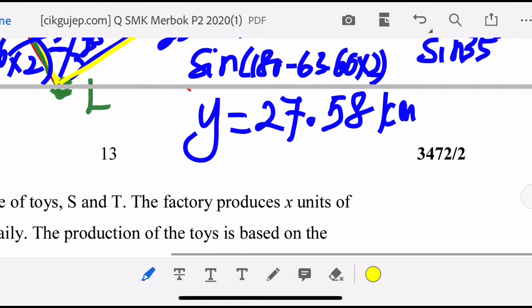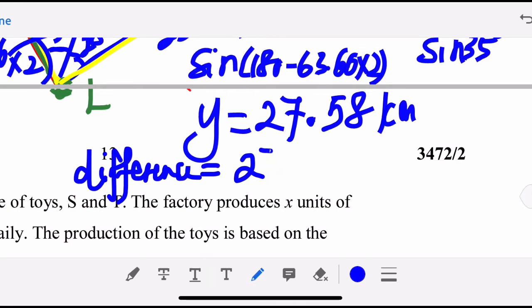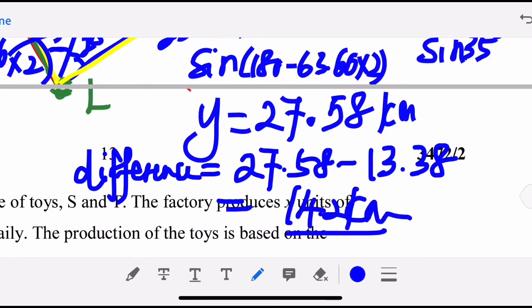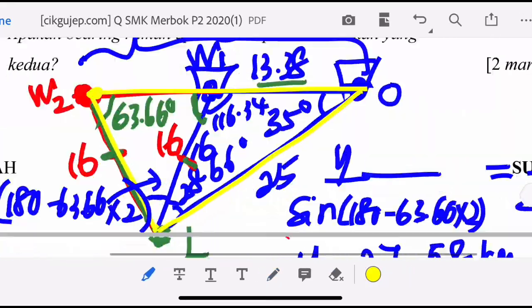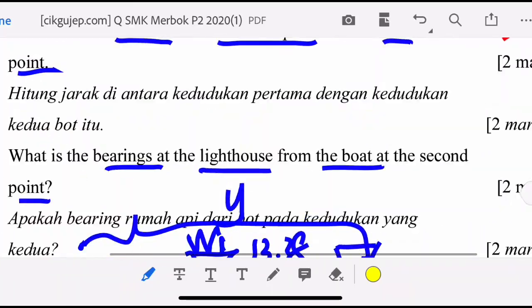Because the question wants the difference, we take 27.58 minus 13.38 kilometers. If you calculate properly, the answer is 14.2 kilometers. Are you getting this answer? That is the strategy that you plan out and implement.